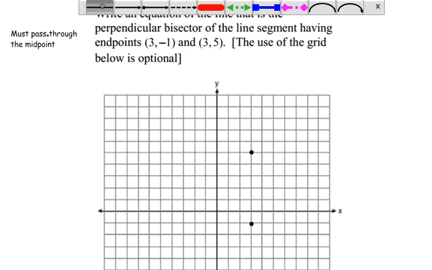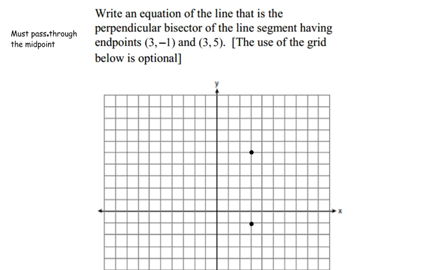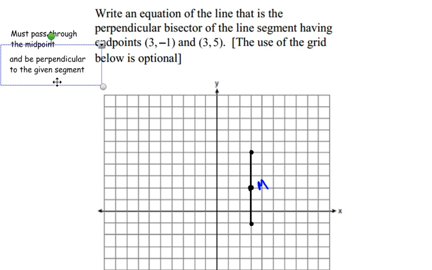Well, we could draw a segment to make it easier to find. And from doing that, we can easily tell that the midpoint is right over here. So this is the midpoint. So we know the perpendicular bisector must pass through here. We know that the perpendicular bisector has to be perpendicular to the given segment.